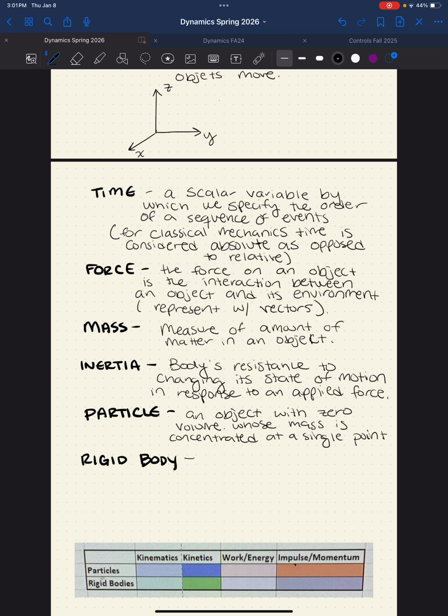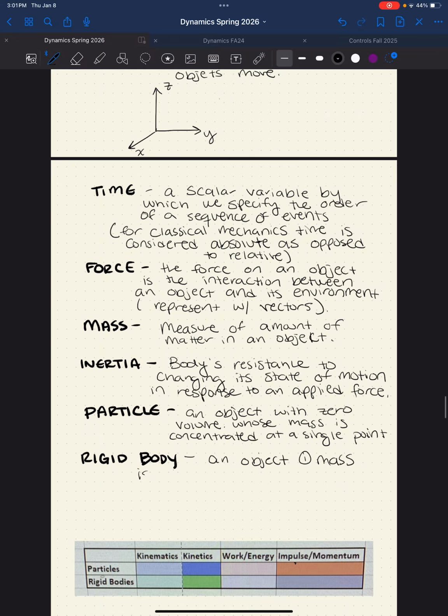bodies. So a rigid body is by definition an object with two properties. One is that the mass of that object is distributed over a region of space. Okay, these are the objects that we're used to seeing in real life, right? Things that have volume, that have mass that is distributed throughout an object.